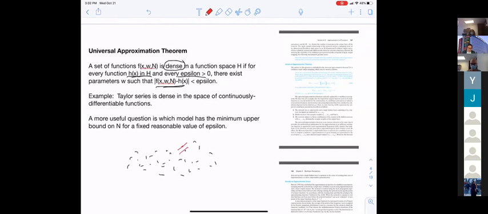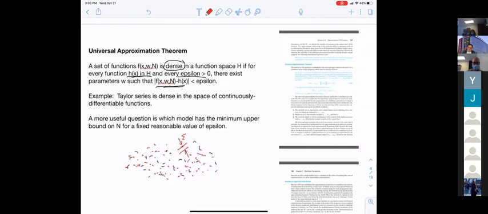I want that always to be less than epsilon, no matter where it is. So if the black dots are dense in the set of all possible red dots, then I can always find a black dot that's close to a red dot.